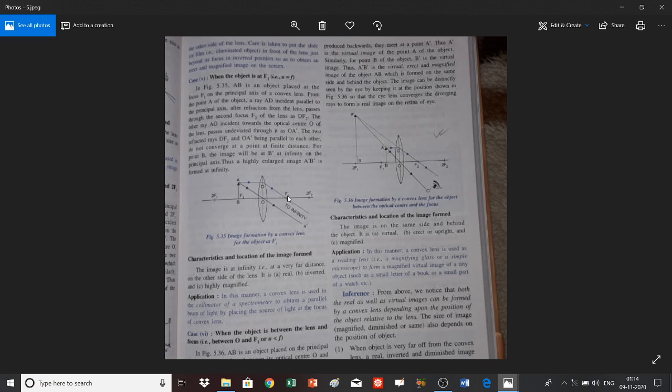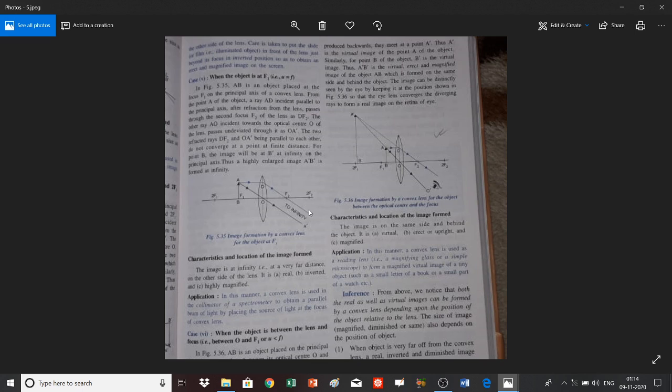It will pass through the second focal point and proceed in this direction. And these two rays, see here, are parallel to each other. That means they will meet at infinity.